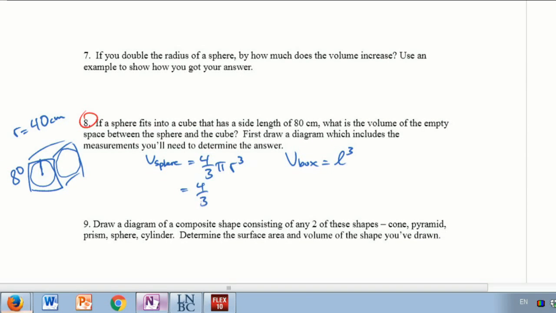So 4/3 pi, radius is 40 cubed. The length of one side of my box is 80. Does anybody have a formula sheet? Volume of a sphere, 4/3 pi r cubed? Just want to double check that for me. I'm just going off the top of my head. 4/3 pi r cubed.